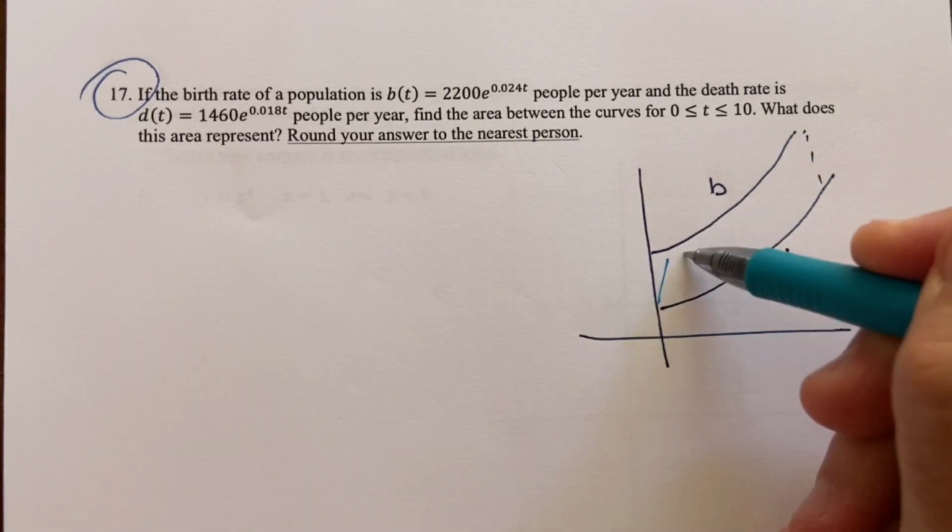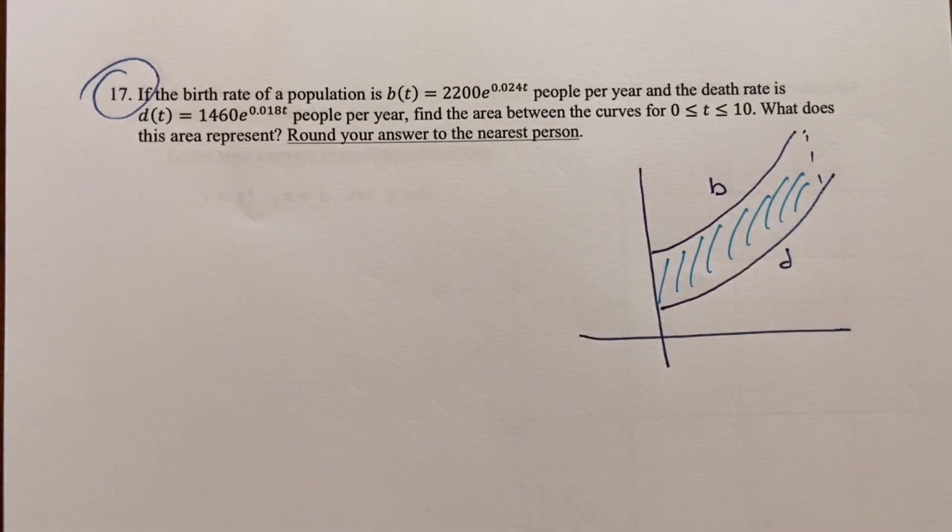The area between those is roughly the number of people added to the population, the difference between the births and the deaths. It's only roughly, because there are other factors, like immigration, that add to populations rather than just people dying and being born. But this is roughly the number of people being added to the population.